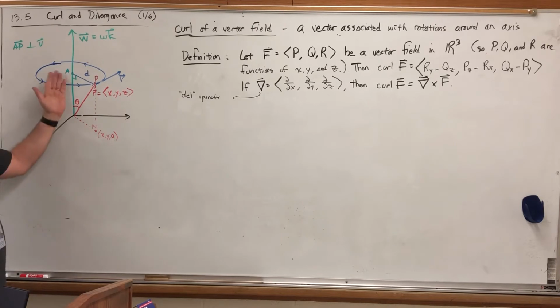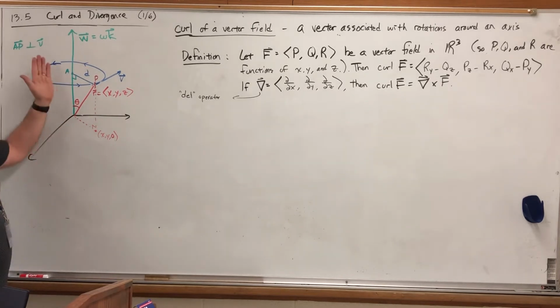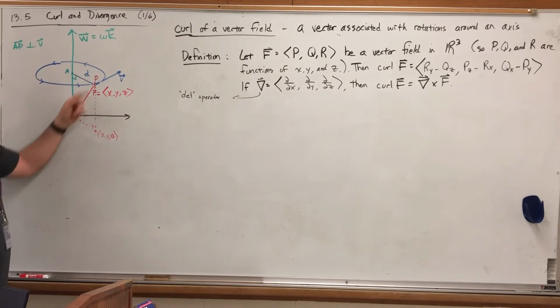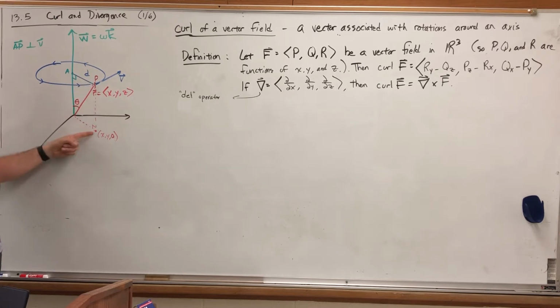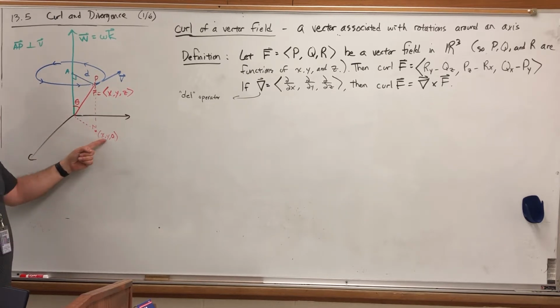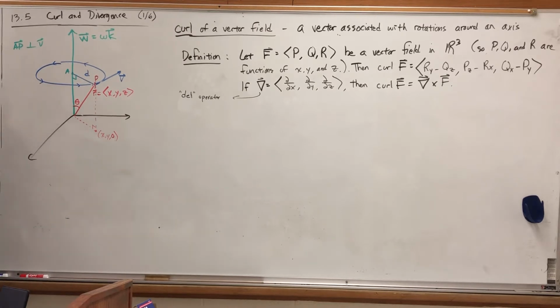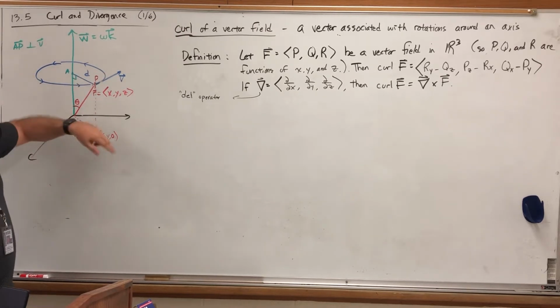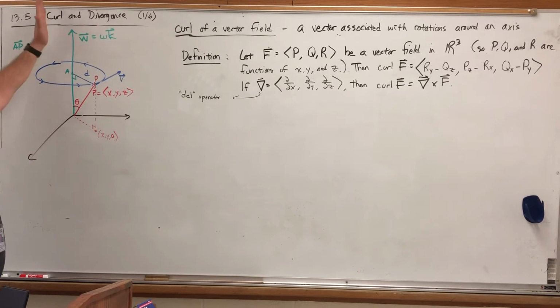We're also going to measure a tilt angle from the z-axis to position vector R, and we'll call that angle theta. And for convenience, I went ahead and projected point P down onto the xy plane, and the coordinates of that point, of course, would be x, y, 0.